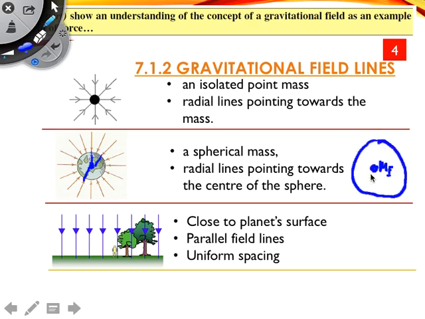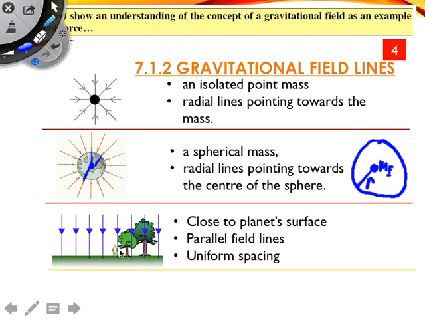And this is the radius of Earth. It's basically a small concentrated mass in the middle surrounded by a shell. Treat it this way, then it's easier to understand. For our syllabus, we are concerned about outside of Earth, not so much within the Earth itself. So they all point towards the center.